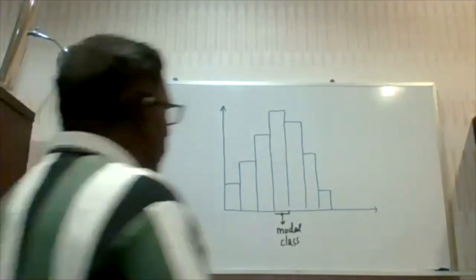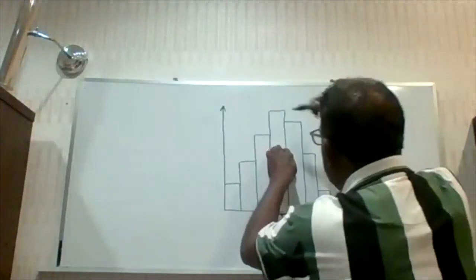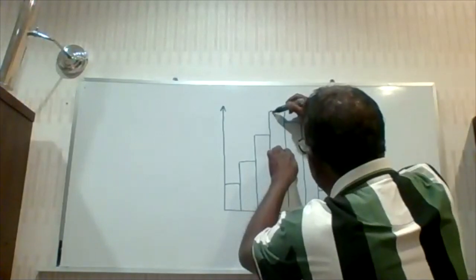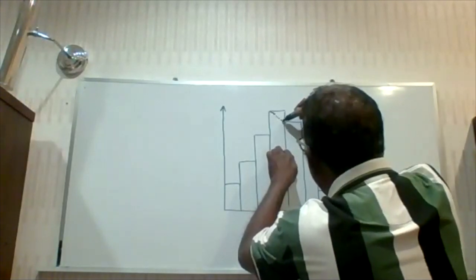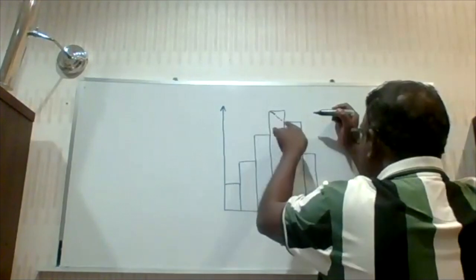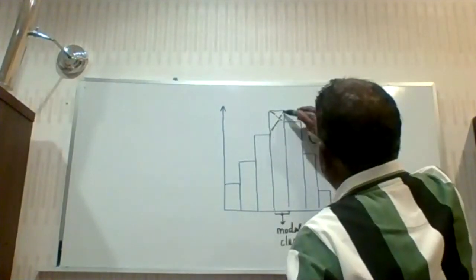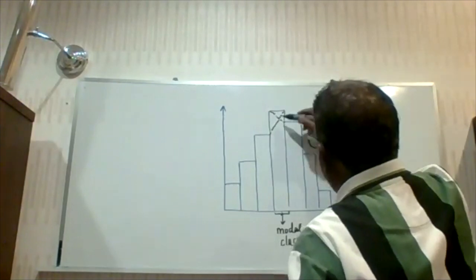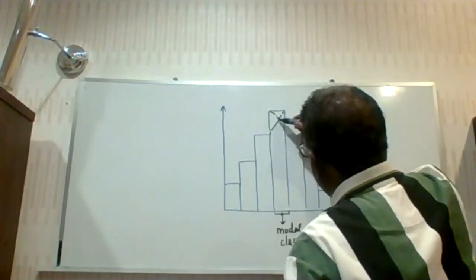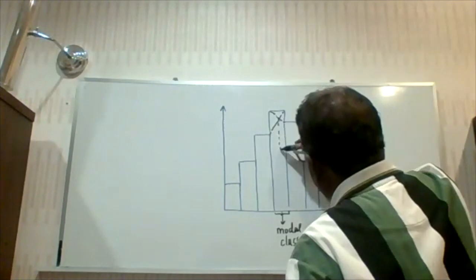To find the mode, you go to your modal class and draw a dotted line linking the two points, so draw a diagonal like that. Use dotted lines, and then find the point of intersection. Then drag it down all the way.